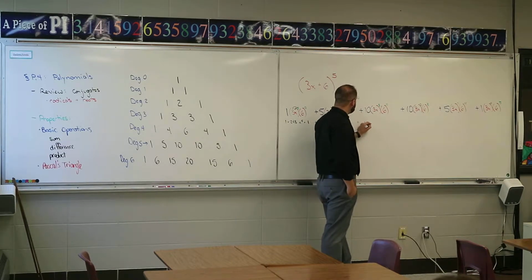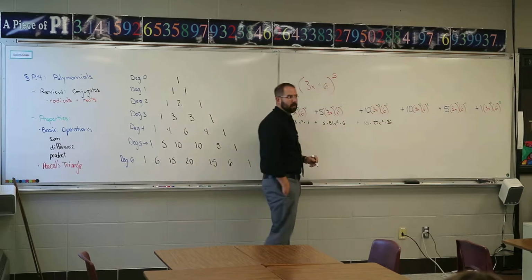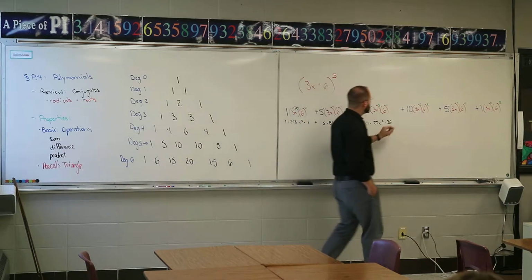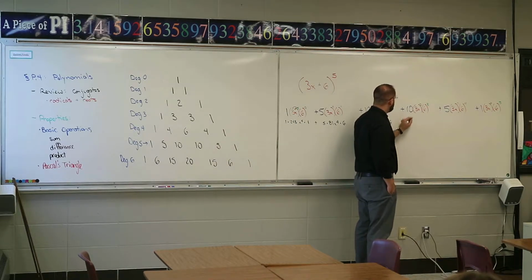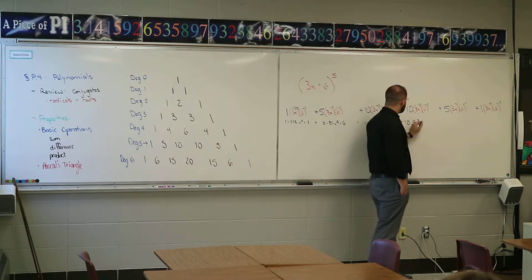Next we have 10. 3 to the 3rd power is 27, x to the 3rd. 6 squared is 36. So there's that one. We're going to the next part here. We have 10. 3x squared is going to be 9x squared. And then 6 to the 3rd, was that 216?